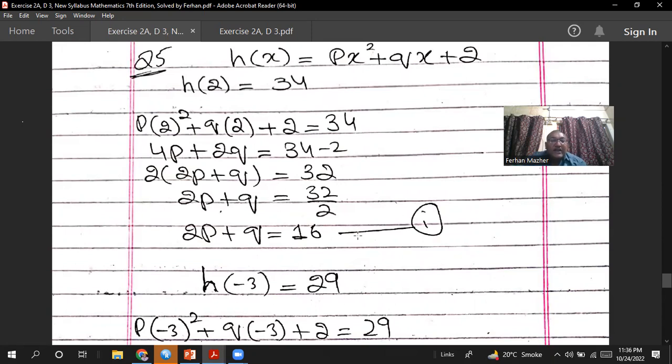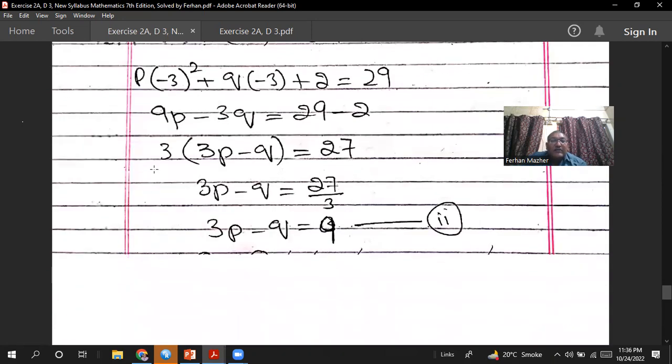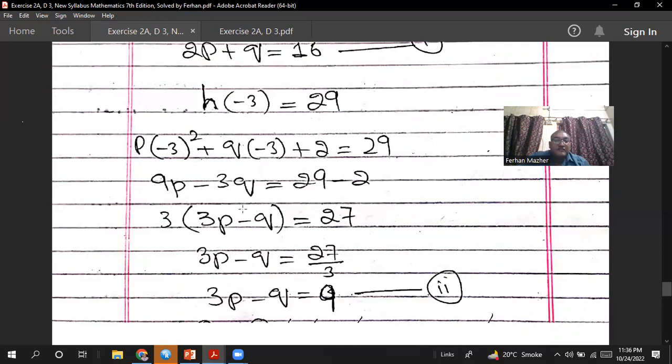So it will be 9p minus 3q equals 29 minus 2. So I can take 3 common: 3 bracket 3p minus q bracket close equals 27. That 3 will go to the other side and divide, so 3p minus q equals 27 by 3. So 3p minus q will be 9.